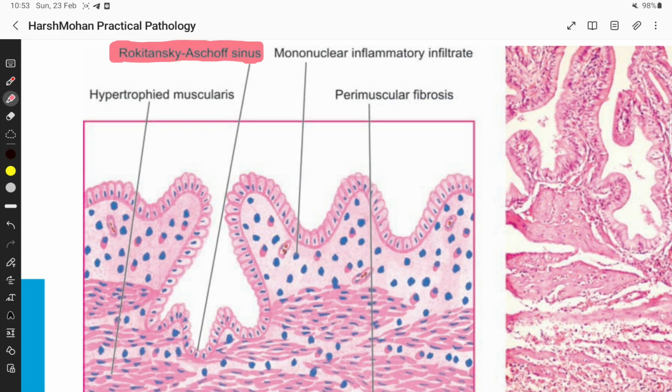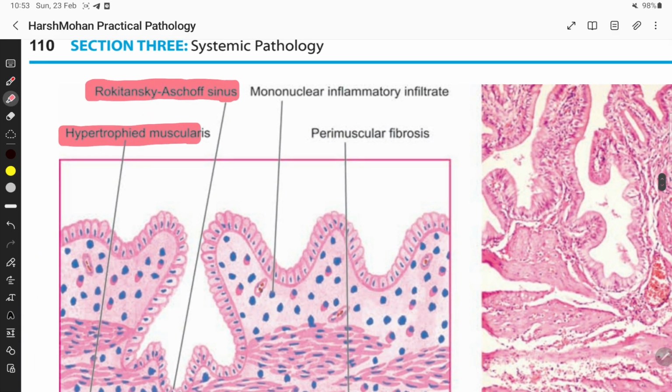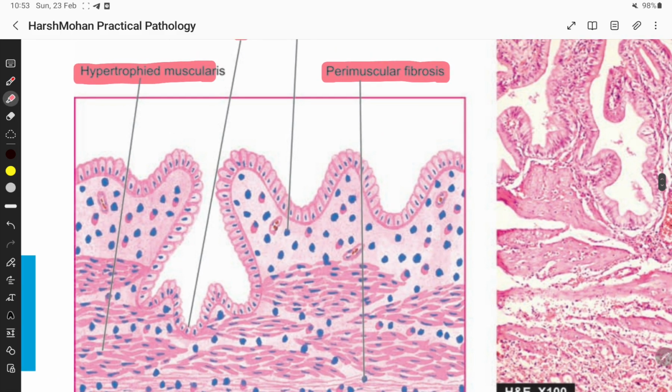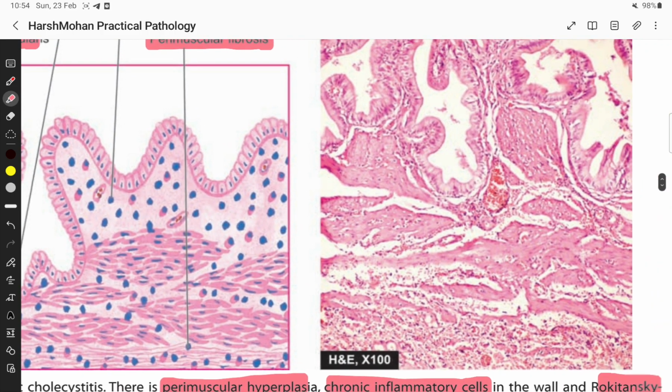There is hypertrophied muscularis, perimuscular fibrosis, and mononuclear inflammatory cells.